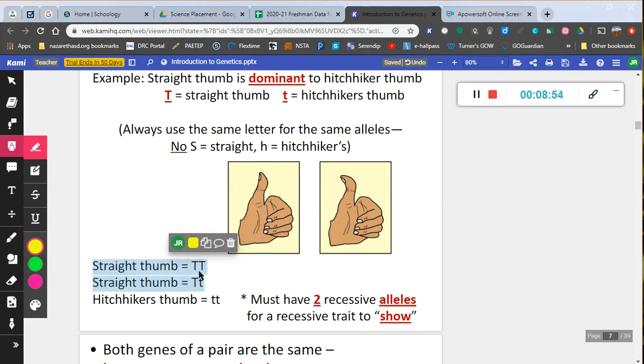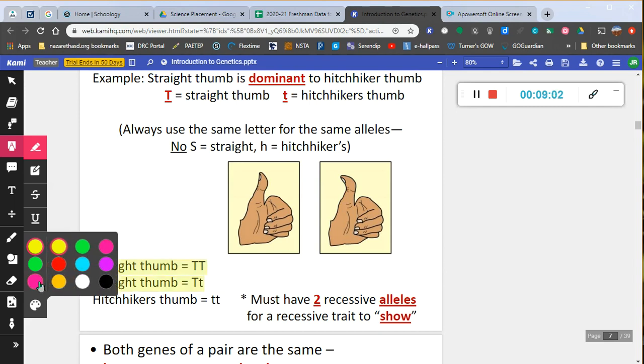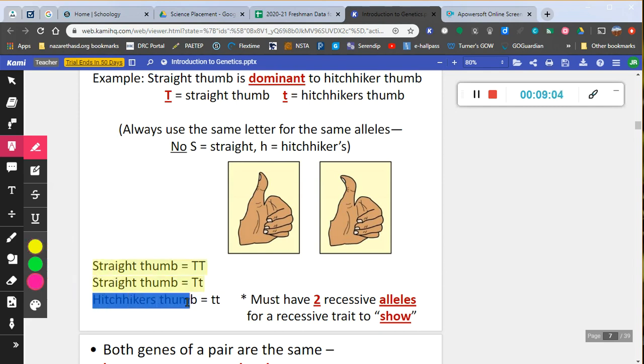Both of these, because the dominant allele is present, are going to mean that you have a straight thumb. The only way that you can have a hitchhiker's thumb is if you received two recessive alleles. So both parents gave you a recessive allele. In order to express a recessive trait, you need to have both recessive alleles present.